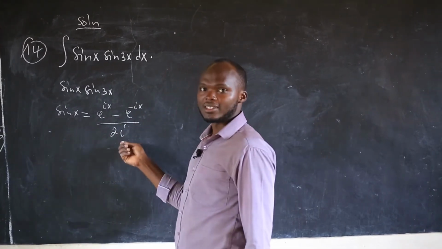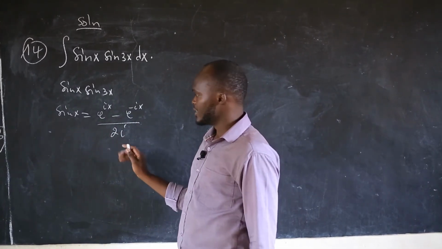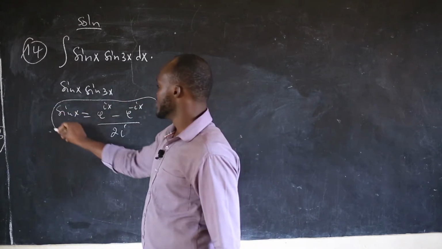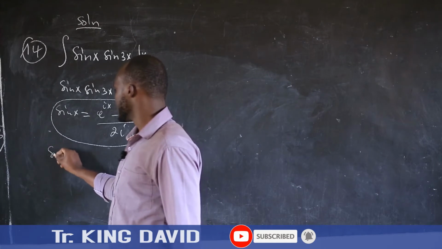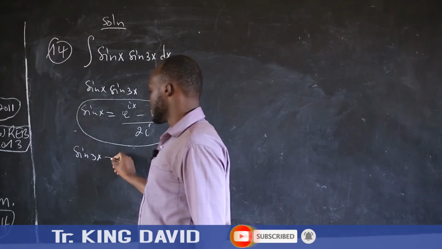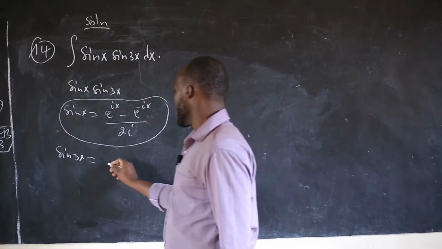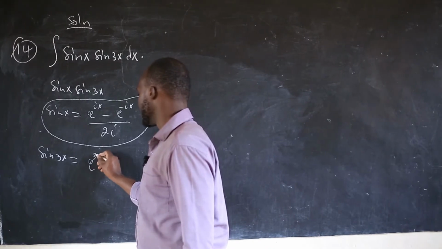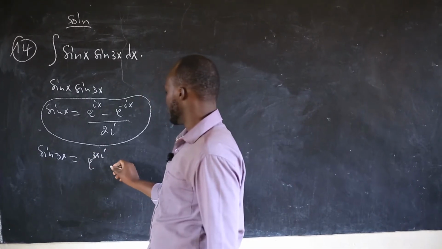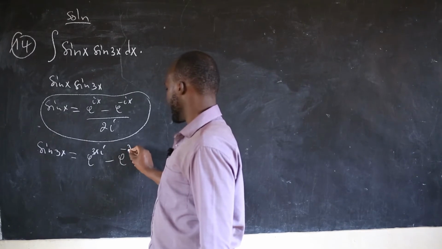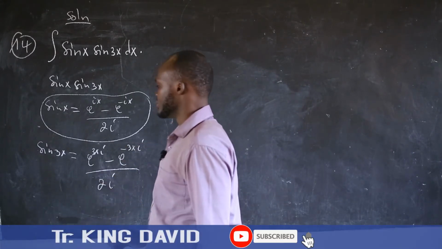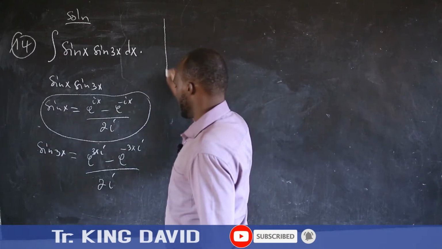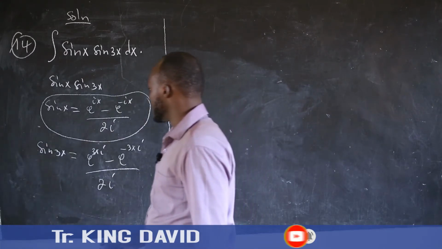Do you still remember this? So let's proceed. So this is the value of sin x. So now what will be the value of sin 3x? Yes, it will be e power 3xi minus e power negative 3xi divided by what? 2I. Good.